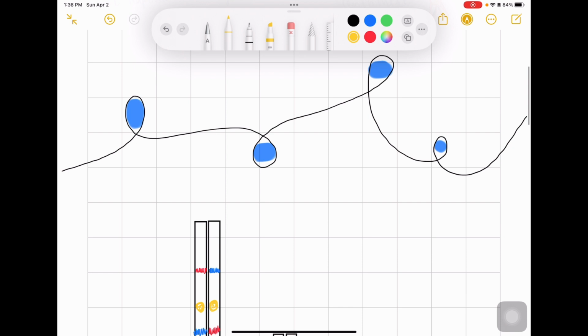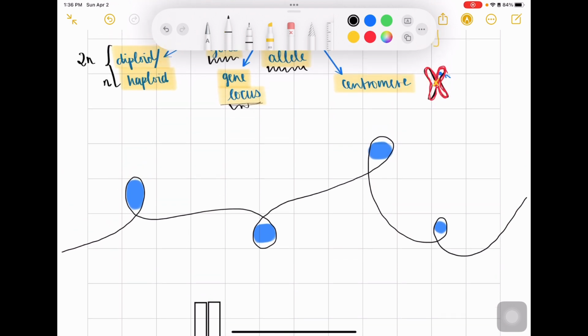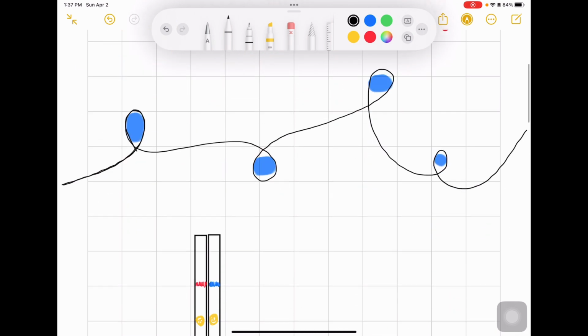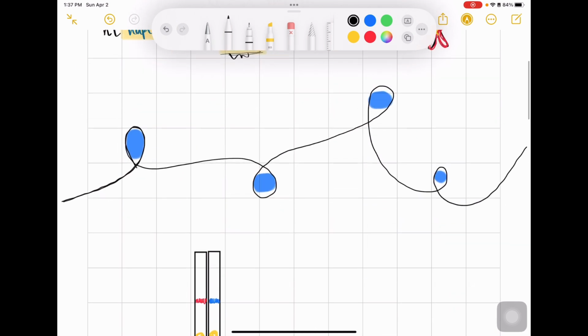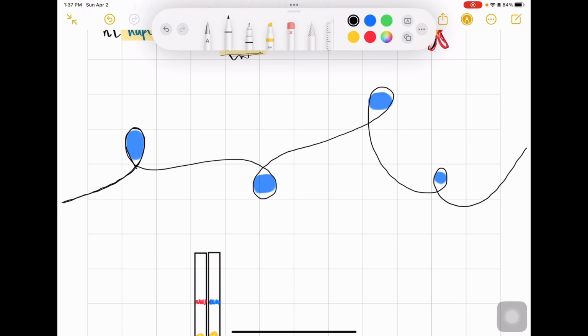Okay. First, let's start talking about DNA. Well, DNA is the genetic material that is in our bodies. So what really is it? It's this string-like material made out of nucleic acids and other stuff like that. And it's wrapped around these proteins, which are called histones.